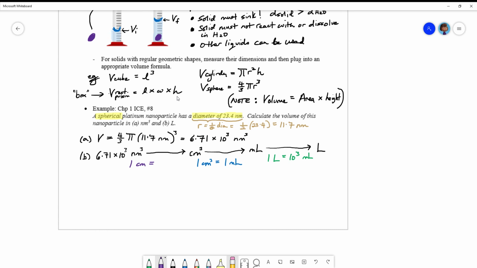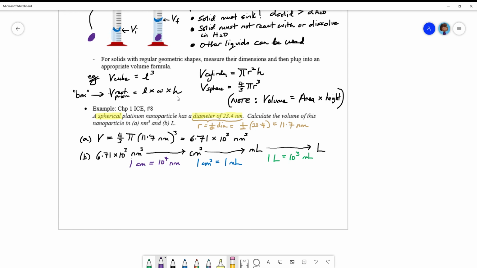So 1 big centimeter equals how many teeny tiny nanometers? Well, as it turns out, it is 10 to the 7 teeny tiny nanometers. Now, that's the relationship between centimeters and nanometers, but we want the relationship between cubic centimeters and cubic nanometers. How do we get it?